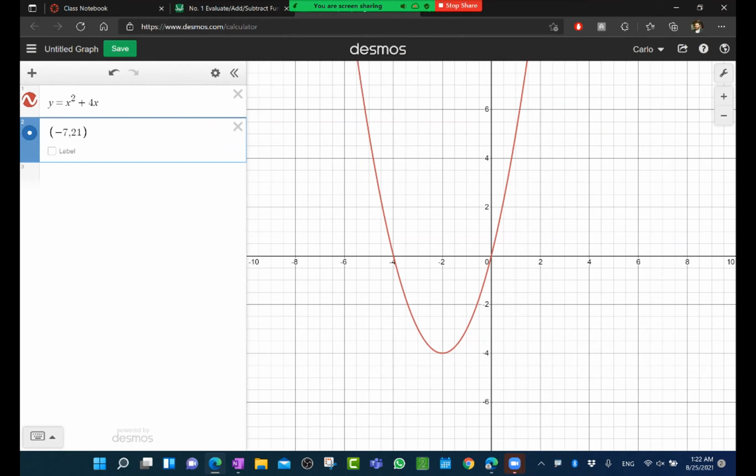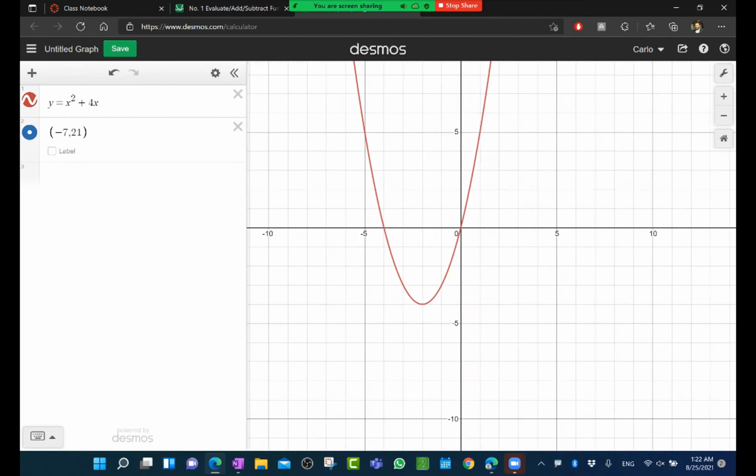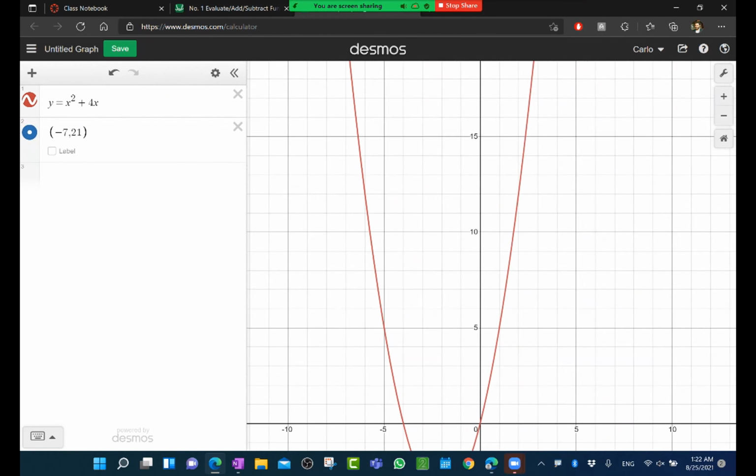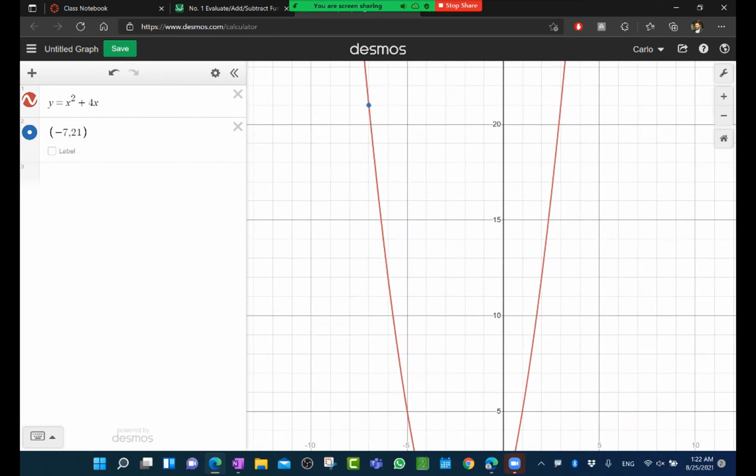So let's go see. -7 puts us on the left side. 21 puts us up here. Remember, we do quadrant 1, 2, 3, 4. So we expect our answer to be in quadrant 2, somewhere up here, right? So I should be able to scroll up and see that dot in quadrant 2. And there it is. Okay.